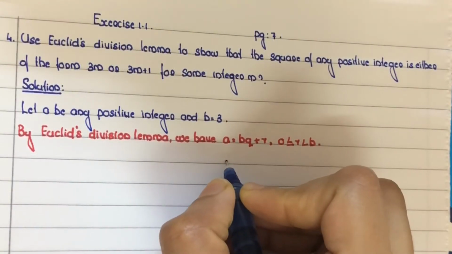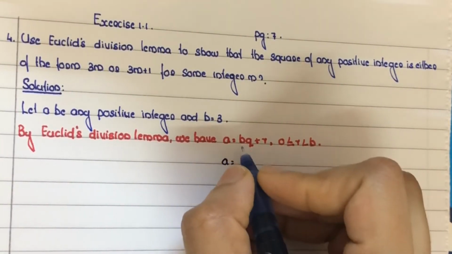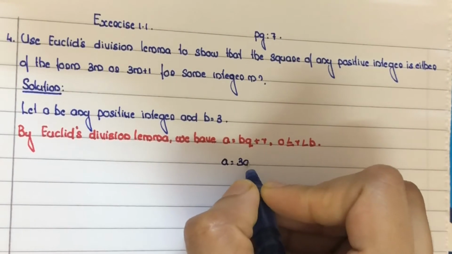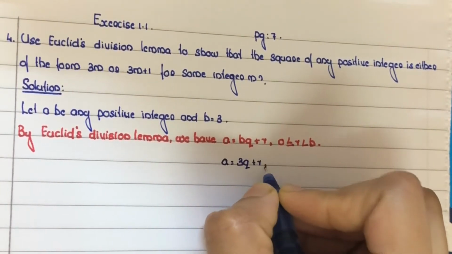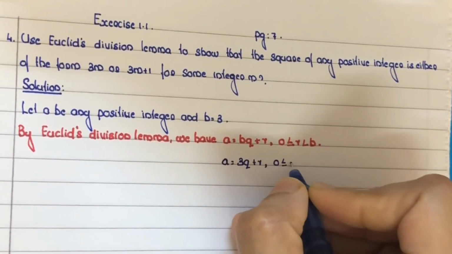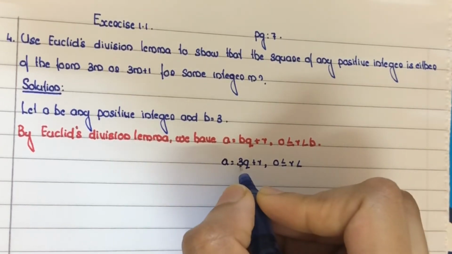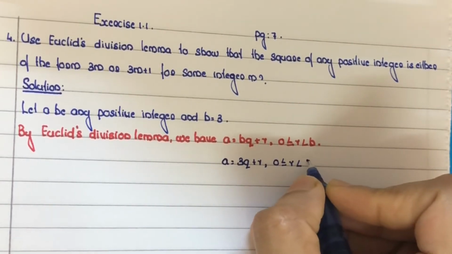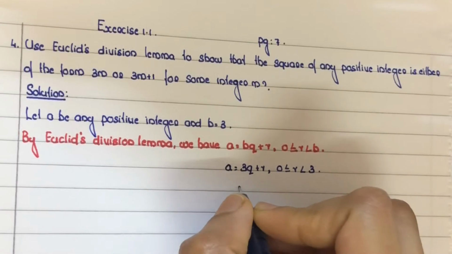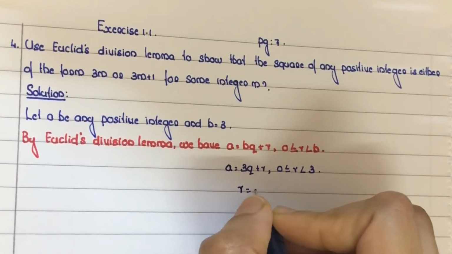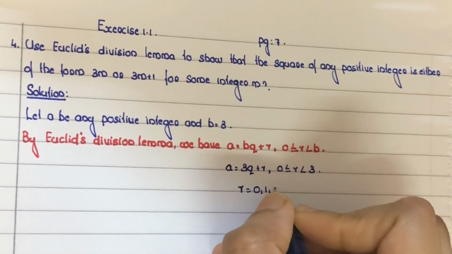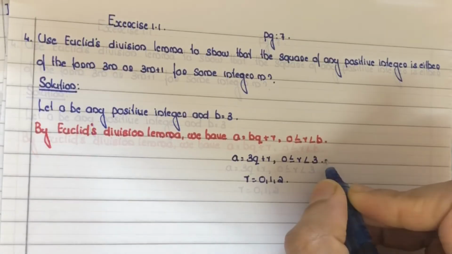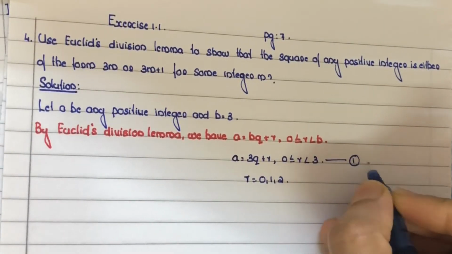That is a is equal to 3q plus r, 0 less than or equal to r less than b equal to 3. So that is r is equal to 0, 1, 2. Now consider this as equation number 1.